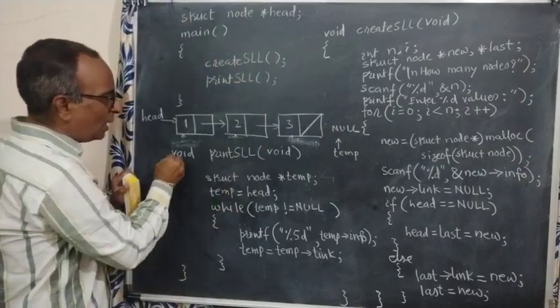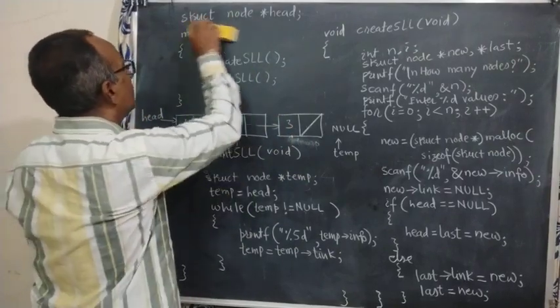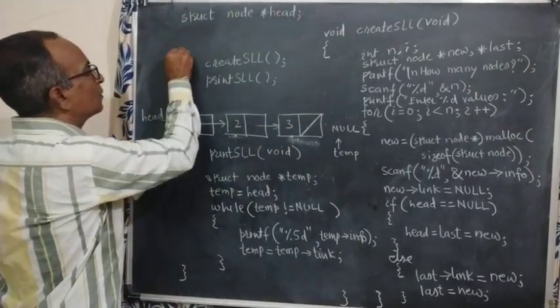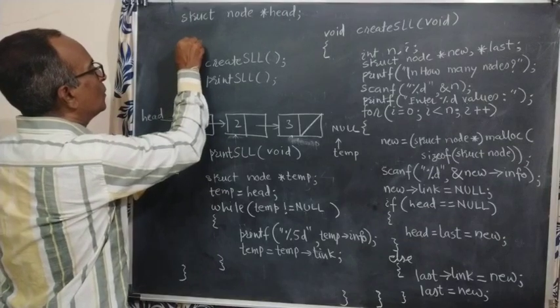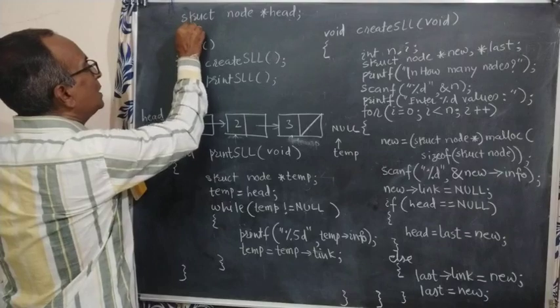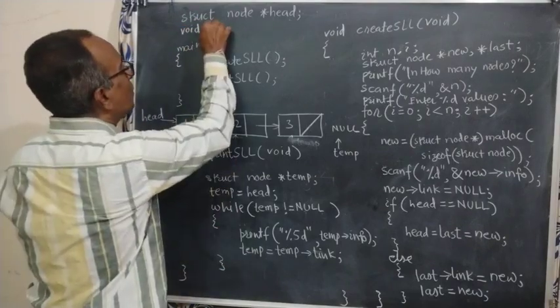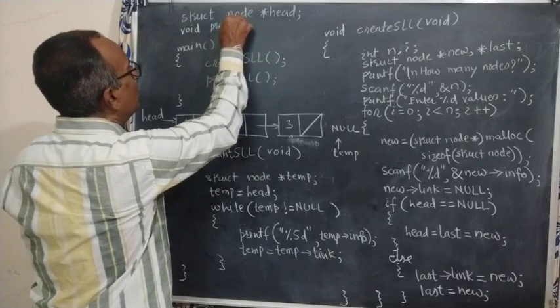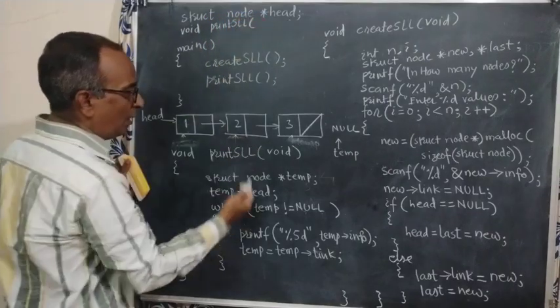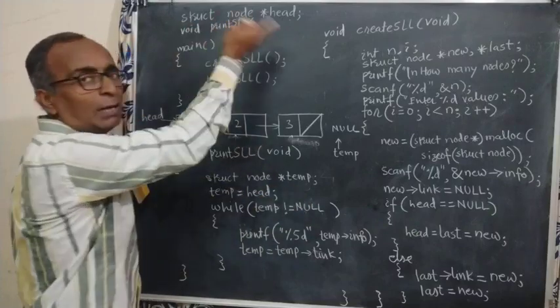So before main, we have to declare the functions. If you write void print SLL void, I'll declare it here. What is a declaration? What is the return type of the function you have used? What is the name of the function, print SLL? Whether any parameters you are passing, those parameter types you have to give.